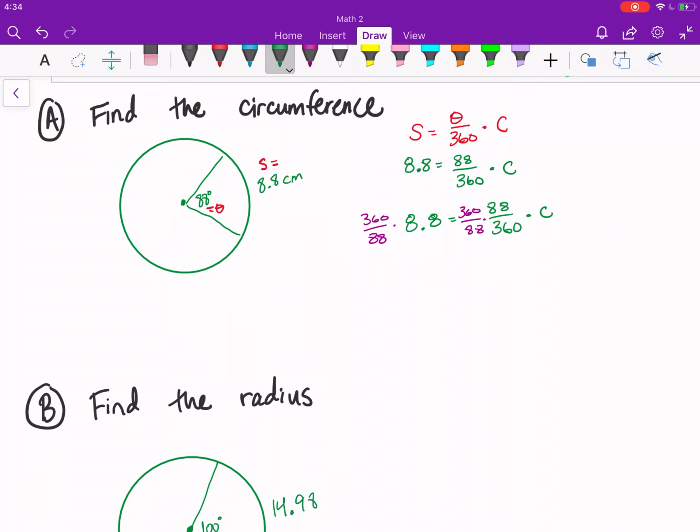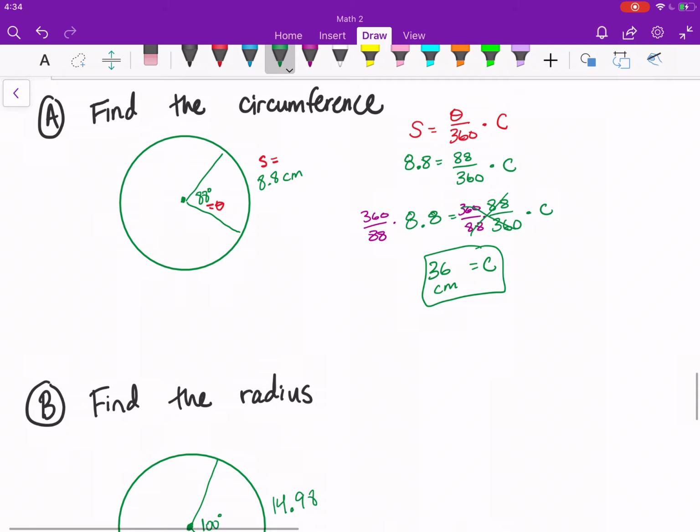So I'm going to just do 360 divided by 88, and then multiply that by 8.8, because that will get rid of this. You'll just get 1. When I say get rid of it, it just equals 1. So you end up with just C on that side. And you get C is 36, in this case, centimeters.